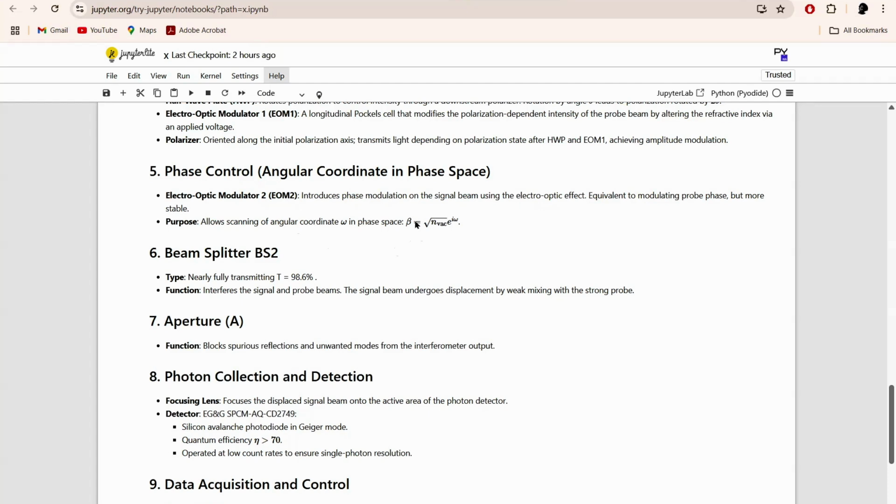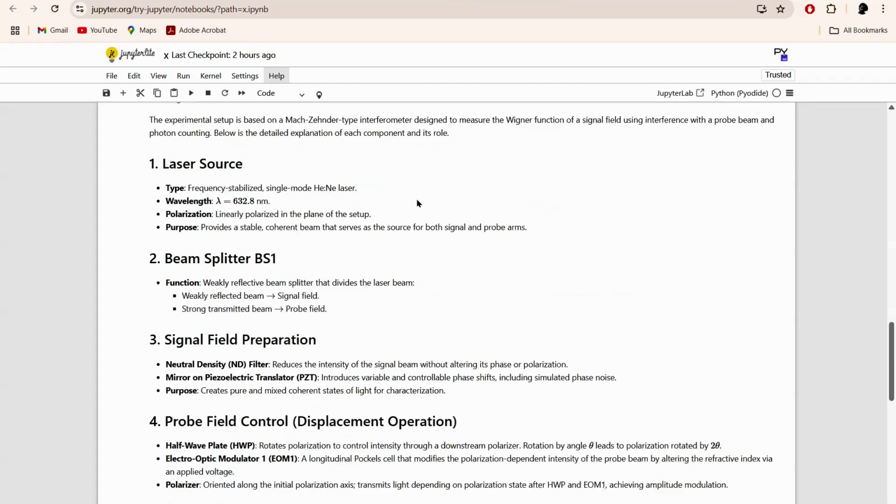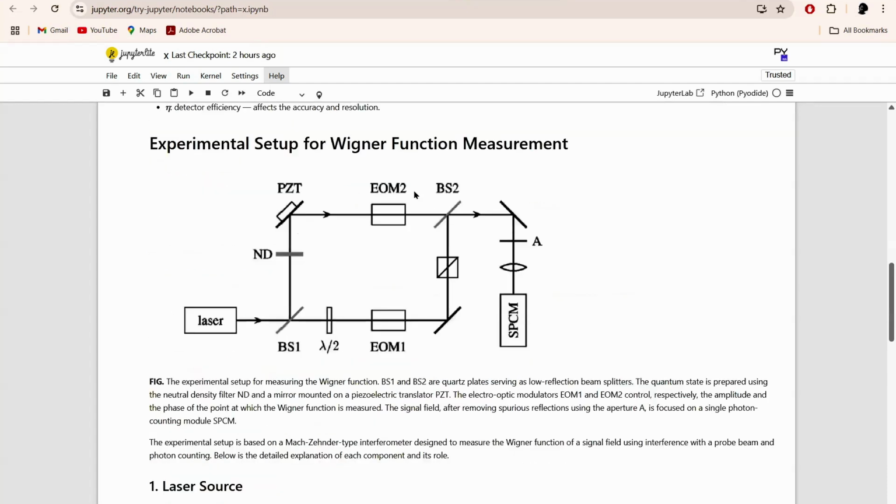function? So what the authors did is they block the signal part. If they block the signal part, only the vacuum state is allowed to pass from this arm, and the signal we will get from this is purely from this probe part.